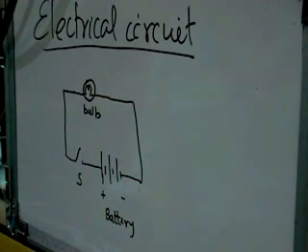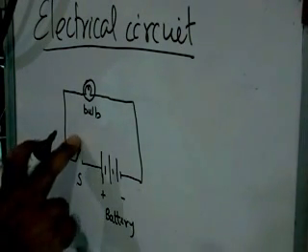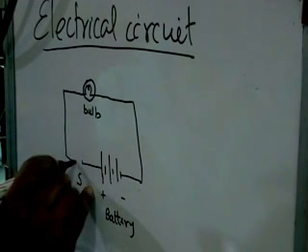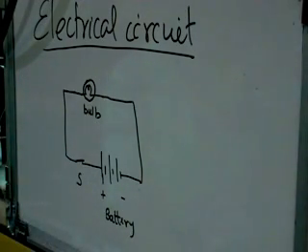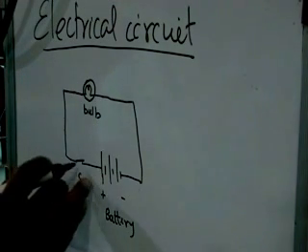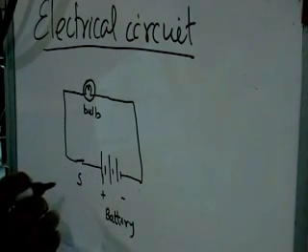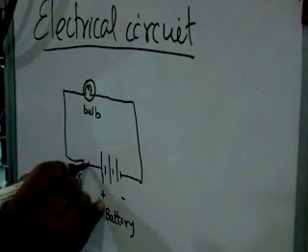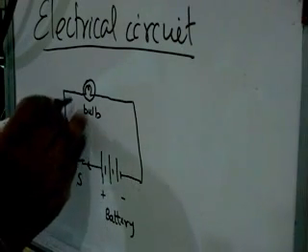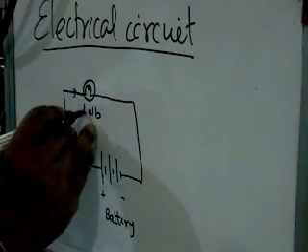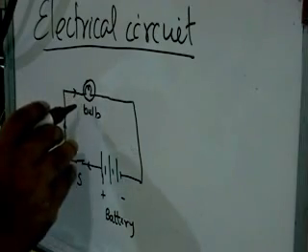So, as long as the switch is open, the bulb will not glow. But when you close the switch, the battery's energy has found a path to travel, that is this closed wire, and it travels all the way in this direction, inside the bulb and back.